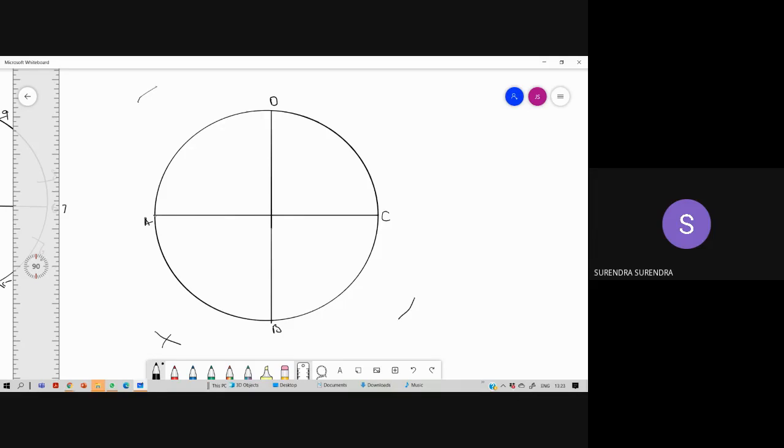C as center, draw arcs on both the sides. D as center, draw arcs on both the sides. So by choosing the same radius, 50 mm radius, A as center, 2 arcs, B as center, 2 arcs, C as center, 2 arcs, D as center, 2 arcs.